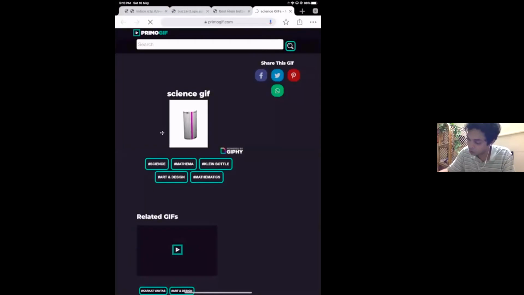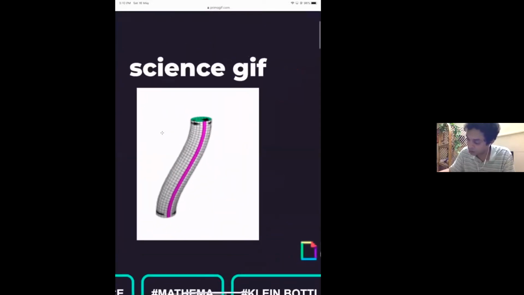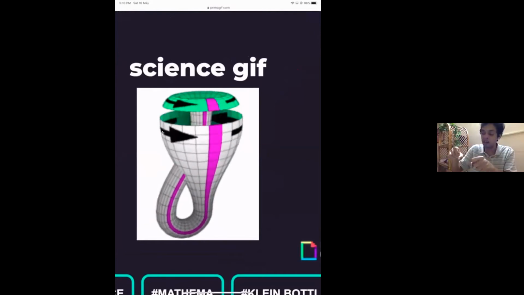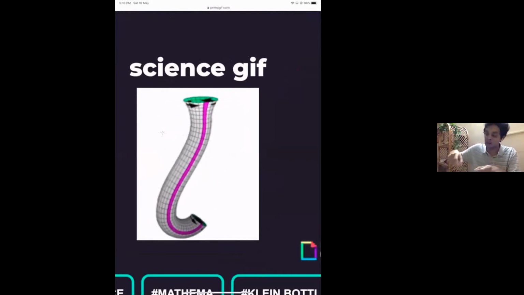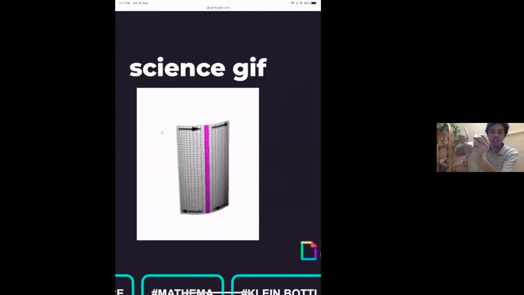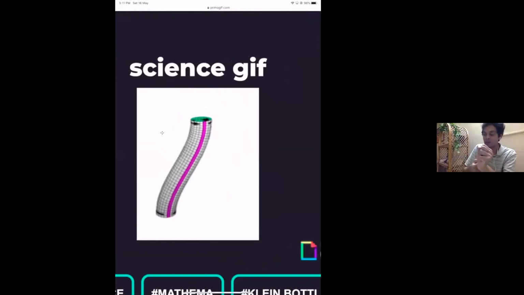So this was the animation. When you glue this edge of the cylinder to the other, you have to twist it around, and when you twist, you have to pass through. So that's how you get a Klein bottle.